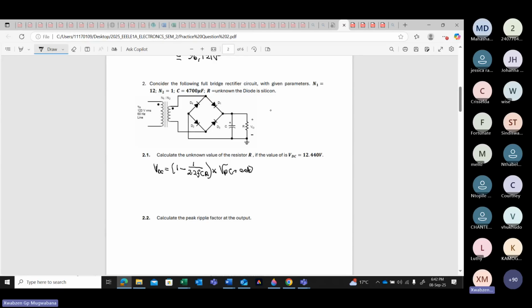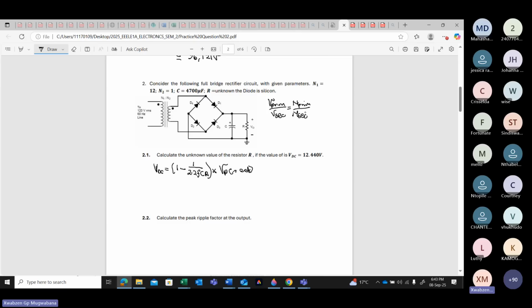If I remember, V primary divided by V secondary is equal to N of primary divided by N of secondary.